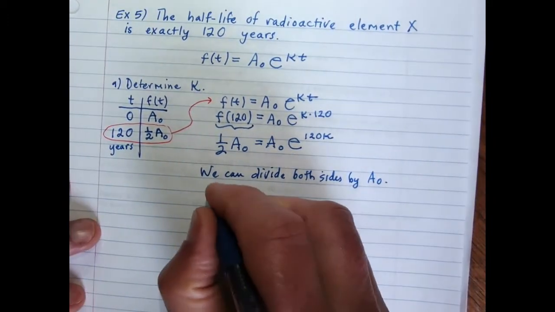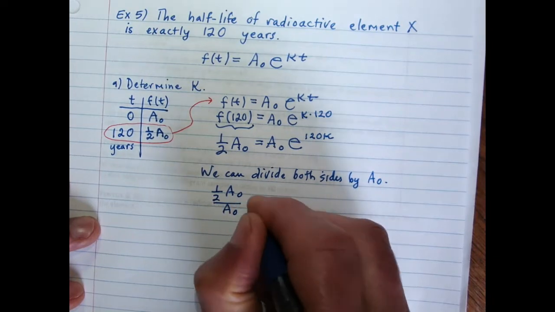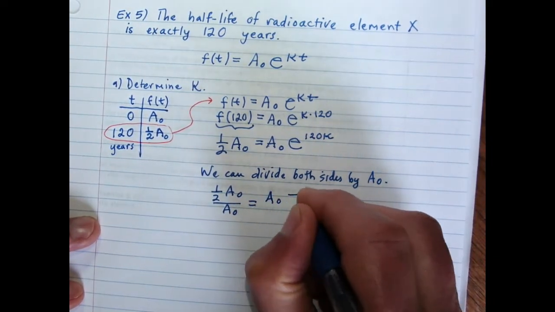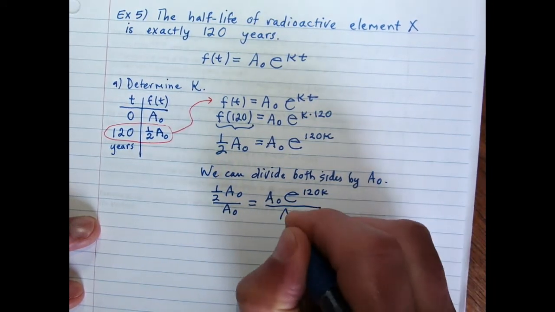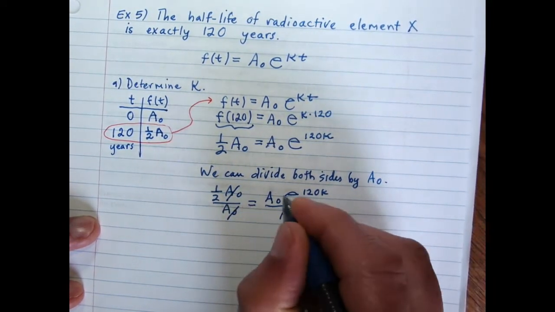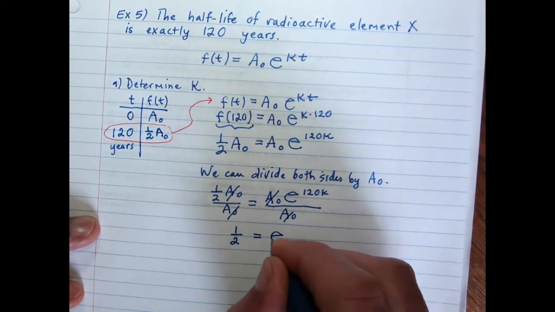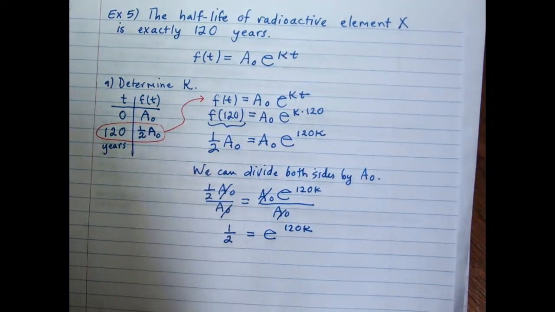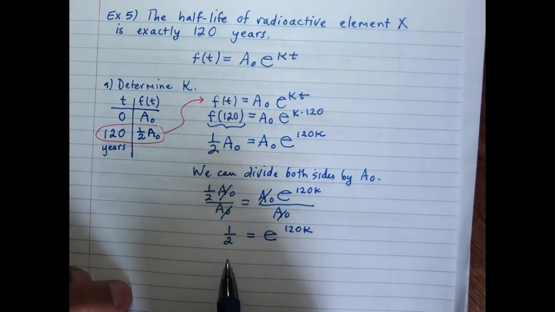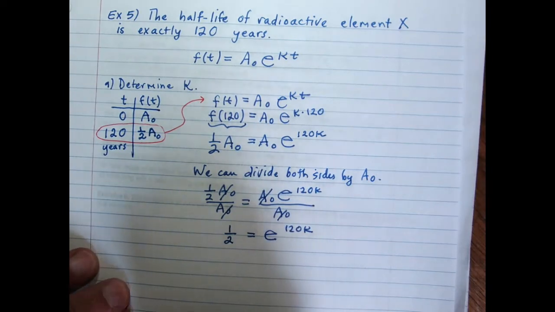And so I'm going to have 1/2 a0 divided by a0 equals a0 e to the 120k divided by a0. Cancels here, cancels here. I'm left with 1/2 equals e to the 120k. And the only unknown in this equation is k. We can solve for k.